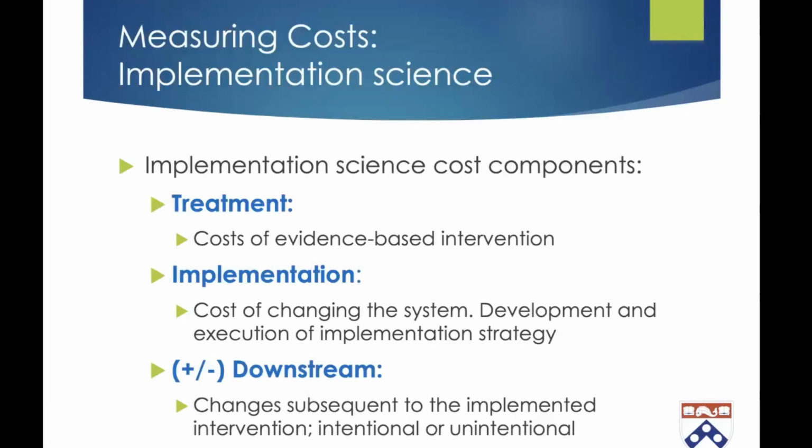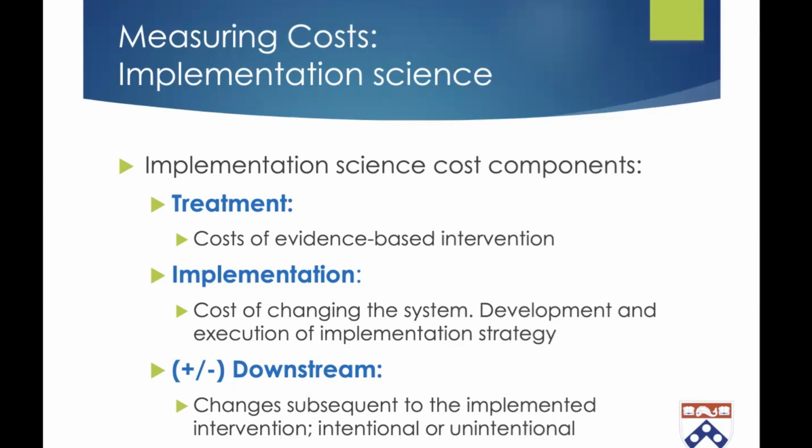These are changes subsequent to the implementation intervention, intentional or unintentional, that might need to be looked at as part of your intervention. For example, if you're talking about impact of NICU admission or on the hospital, or impact of changing the location of a service from being at the hospital, like the fetal monitoring, to at home.